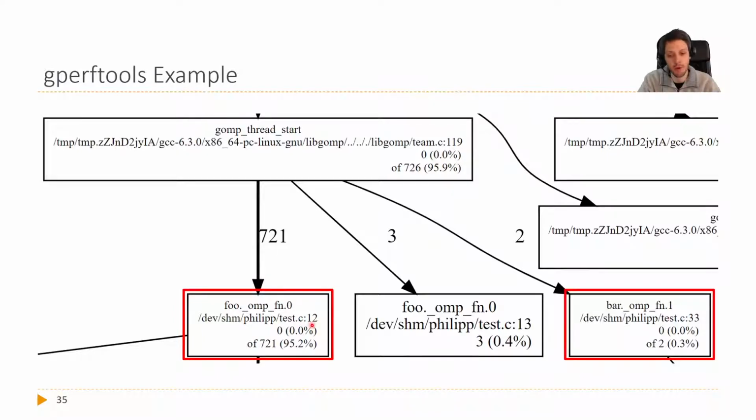Remember, gprof showed us line 13 as being the expensive one. Here it's line 12, which is just the pragma in front of the count plus plus, but it still refers to the same source code, the same location. And the other one would have been line 33, which is the good solution, and it's 0.3% only. So we would never debug something like this. We would debug this code here, just looking at the percentages.